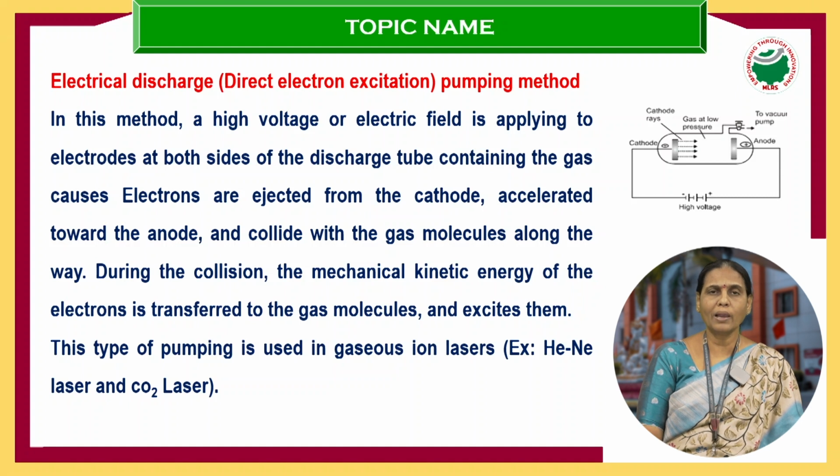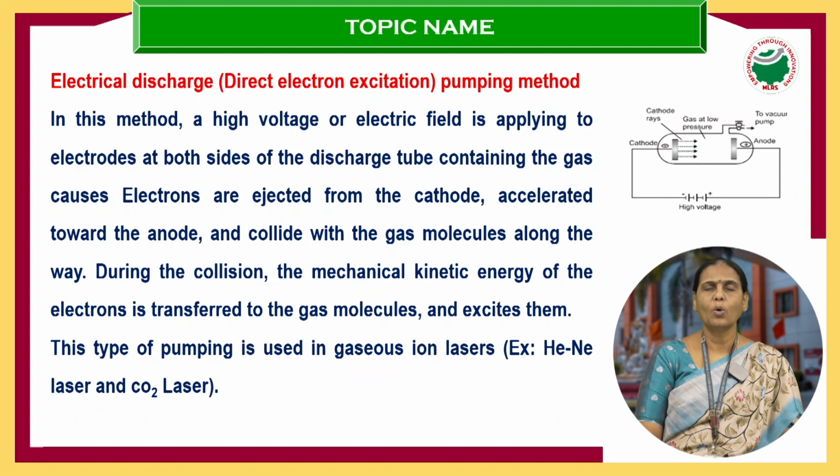Once we supply voltage, or connect an electric field to the anode and cathode of the discharge tube, the first gas, helium, absorbs the energy and the electrons get accelerated. These accelerated electrons move towards the other gas, neon, and a collision process takes place in between.